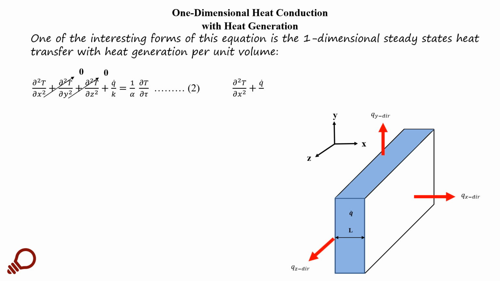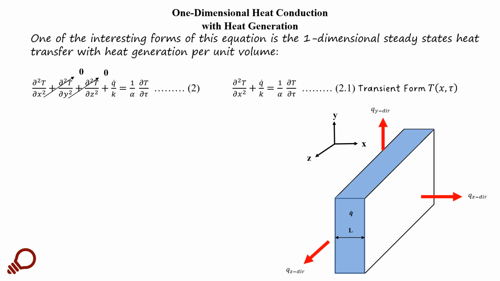That yields a form of equation that can be applied to one-dimensional heat conduction with heat generation. This is called the transient form, represented by equation 2.1: partial squared T with respect to x squared plus q dot divided by k equals 1 divided by alpha times partial T with respect to tau.